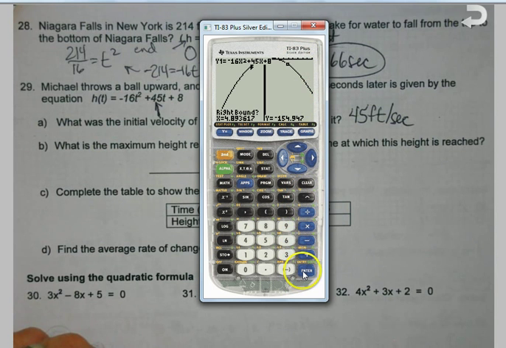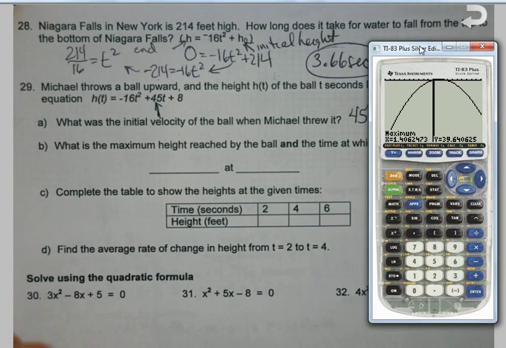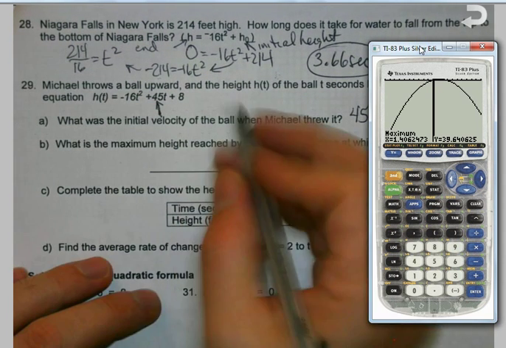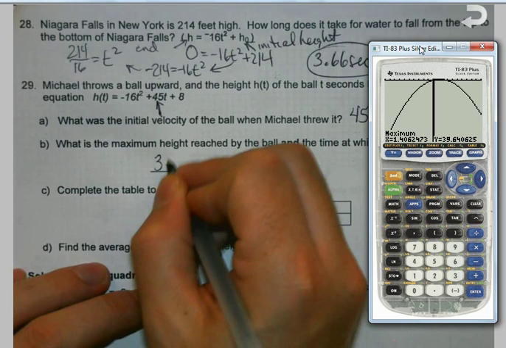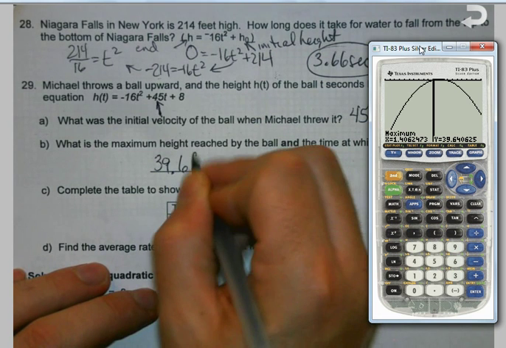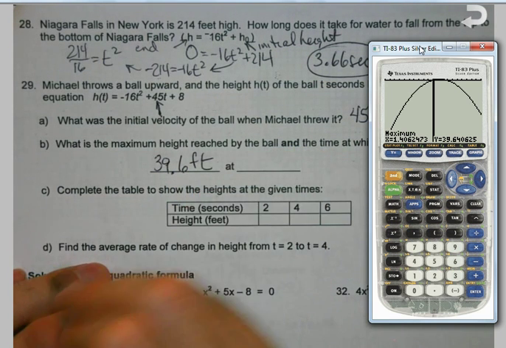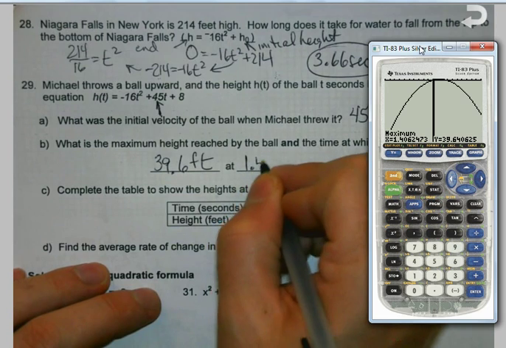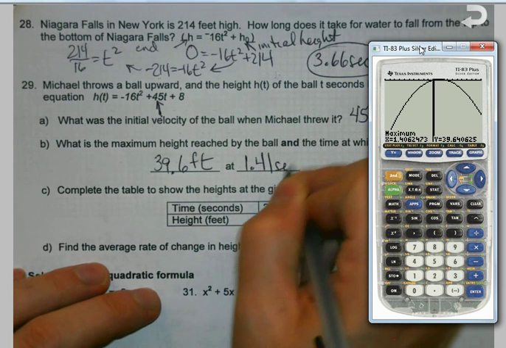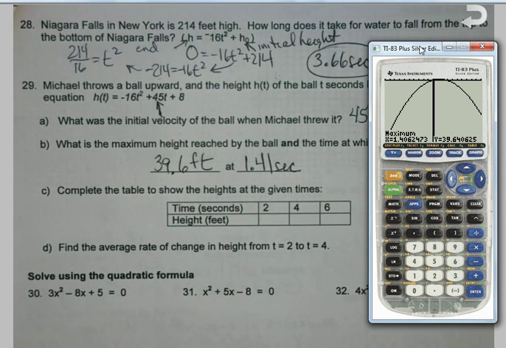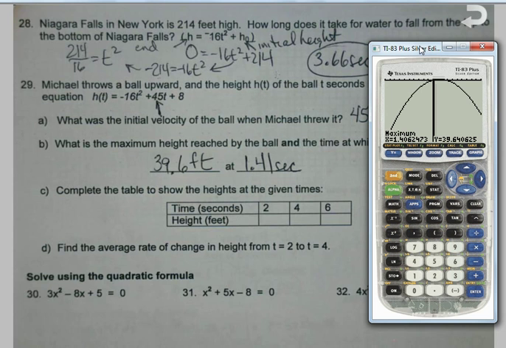Anywhere over to the right of it's fine with an enter. And I find out, move this over a little, that it reached 39.6 feet at about 1.41 seconds.